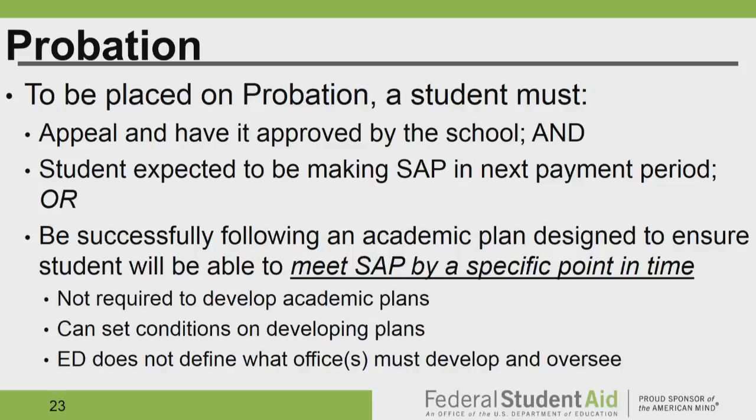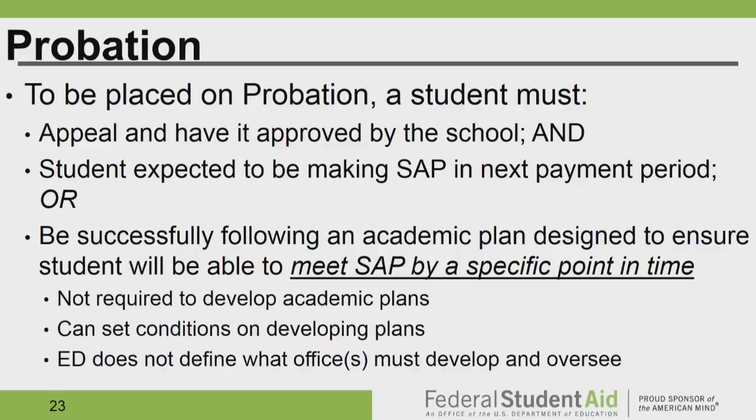If you have a probation, the student must appeal, and the student must be approved. Now, I would caution you in this appeal process and overall SAP, it is an area that auditors and program reviewers love to focus on. It is one of the big Title IV policies out there that we like to monitor with our schools. So you want to make sure if you have probation, that you have a robust policy that talks about it.